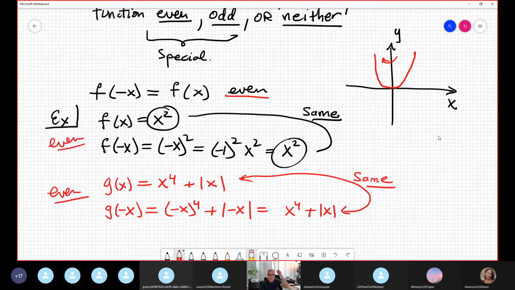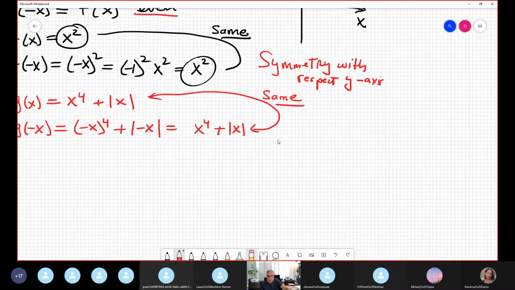And if it is even, automatically I know it is symmetric with respect to the y-axis. Suppose I have no idea and the function looks like that in the positive part of x.